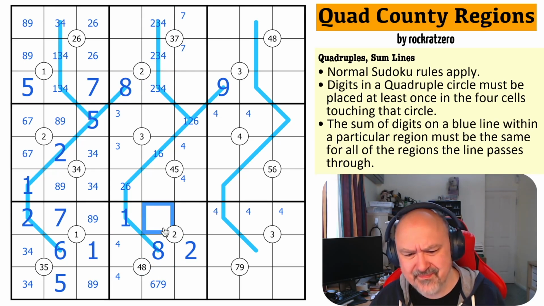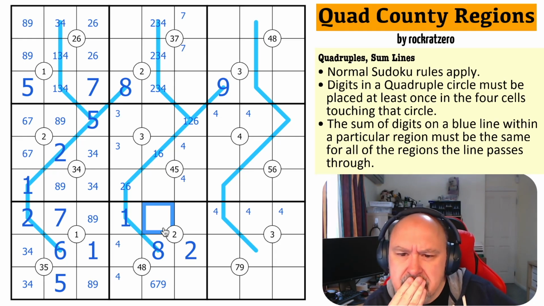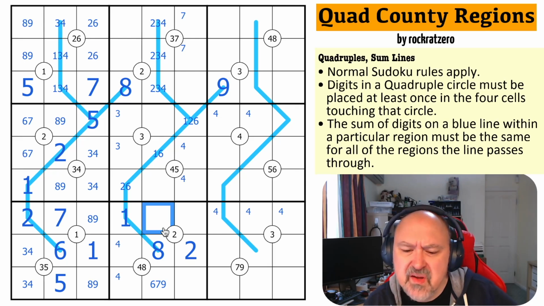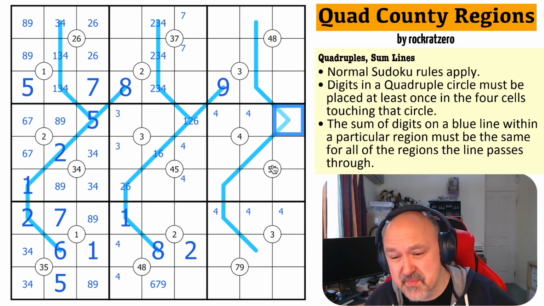Oh, no. Because this line is anything between, what, 6 and 17? Well, it can't be 6 or 7, because then these would be all from the same digit.